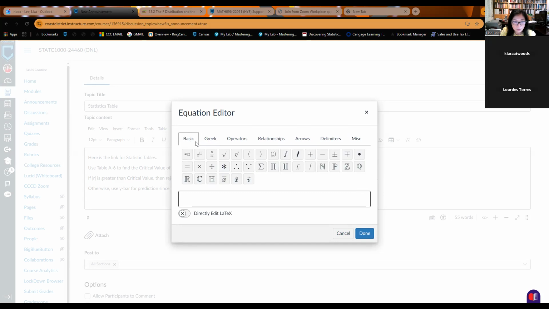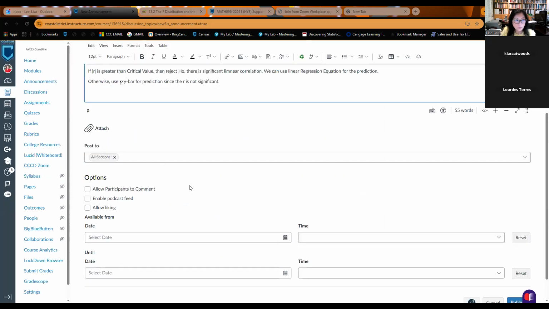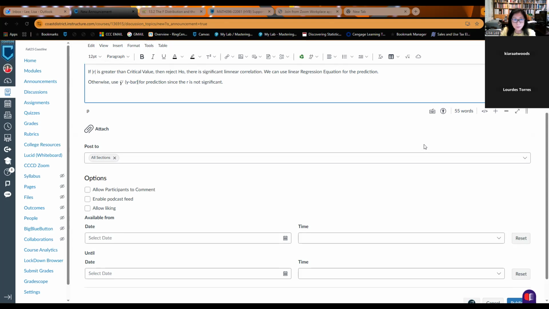Then I want to do the Y bar, so I put the Y bar down, and we pop out here, Y bar. It's a mathematical symbol you can use. All right, this is very important.